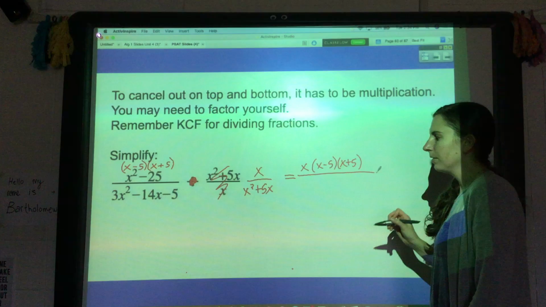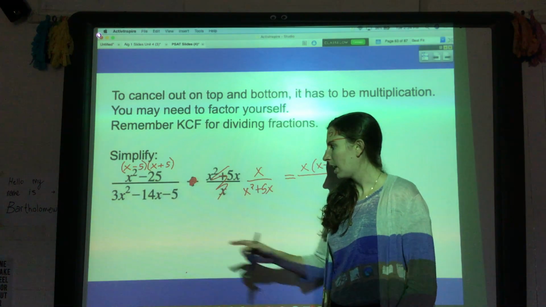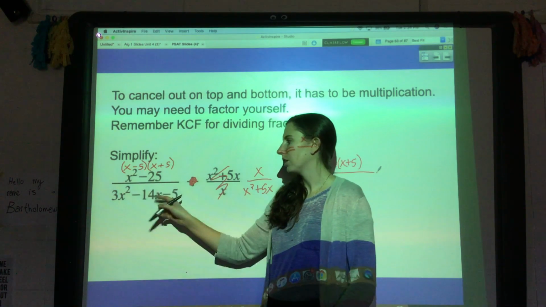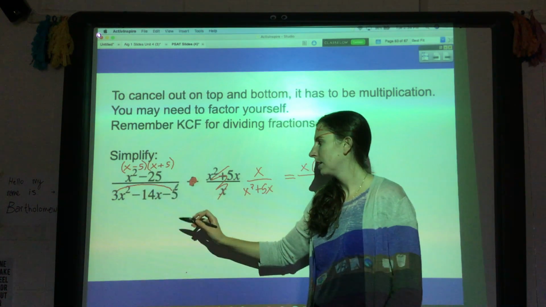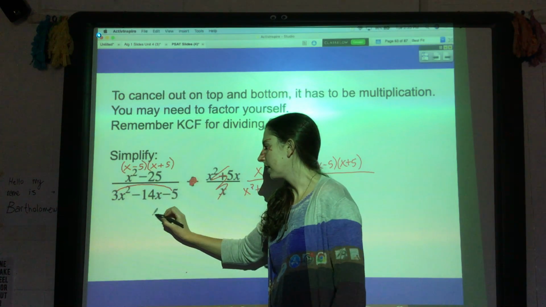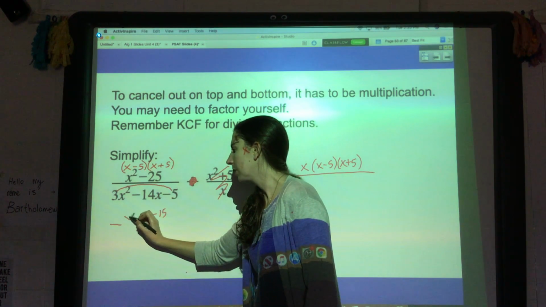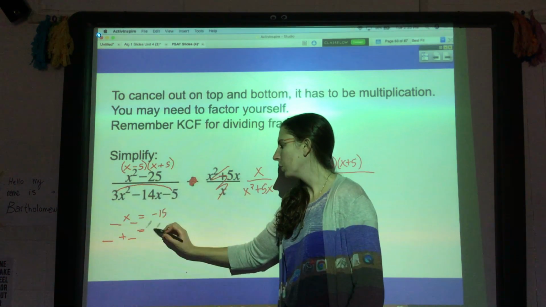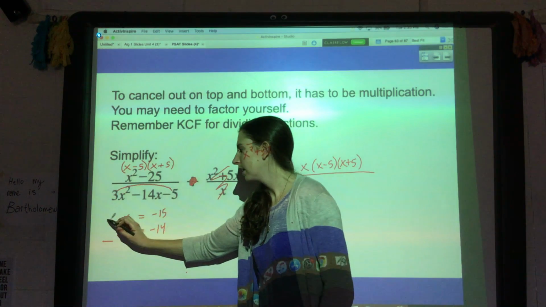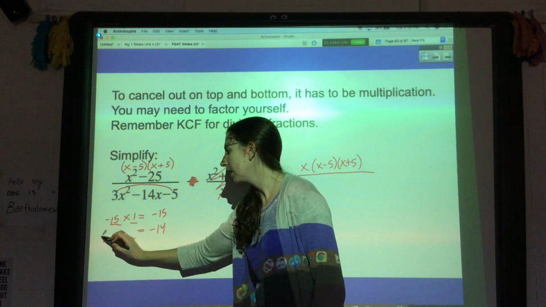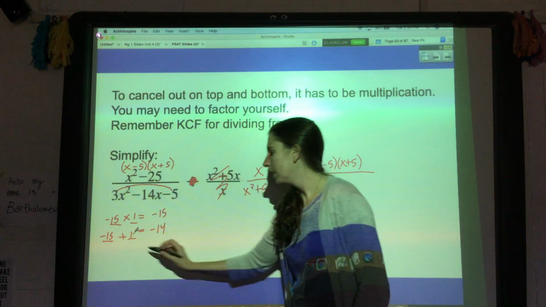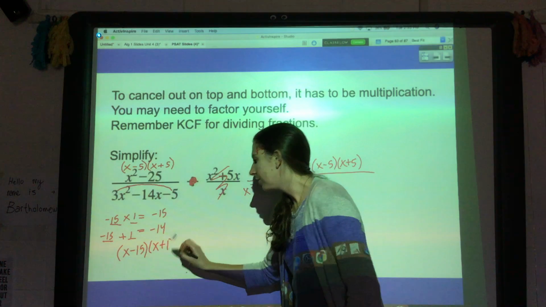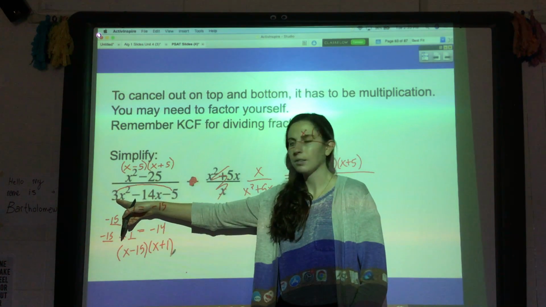So that's the numerator. In the denominator, I've got this and this. Let's factor them both. This one has 3 terms, so I'll do rainbow method. 3 times negative 5 is negative 15, so I want two numbers that multiply to give me negative 15 and add to give me negative 14, which would be negative 15 times 1, and negative 15 plus 1. So fill those in your factors, but be careful. We need to divide or slide on this one with the 3.